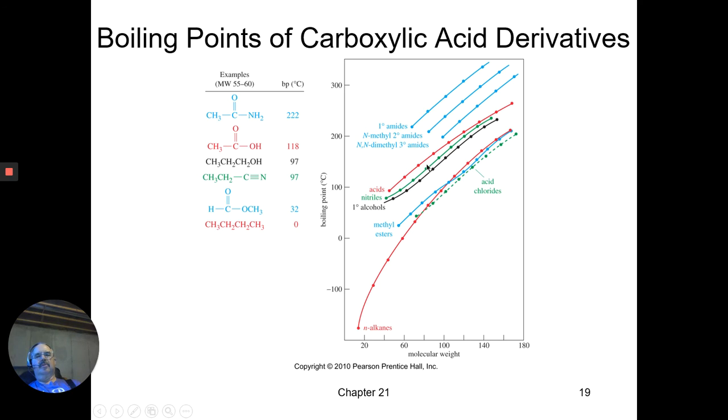Alcohols are similar to nitriles of similar molecular weight. Carboxylic acids are higher boiling. And then primary, secondary, and tertiary amides, you notice they have the highest boiling points. Methyl esters are actually pretty volatile too. Fairly similar to alkanes and acid chlorides.